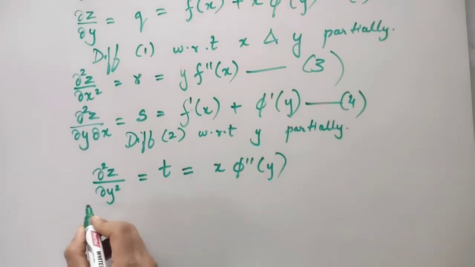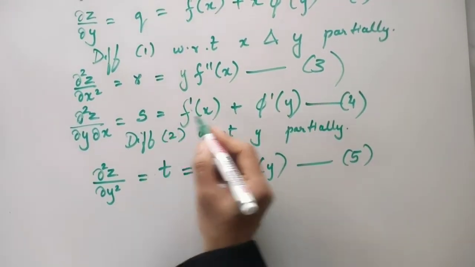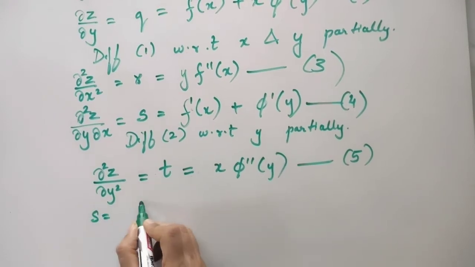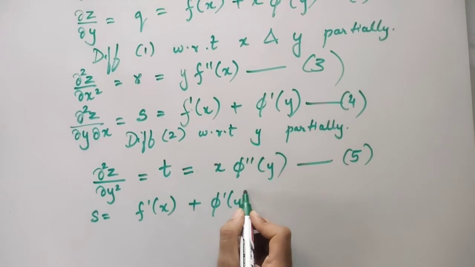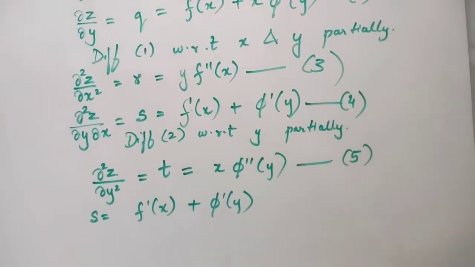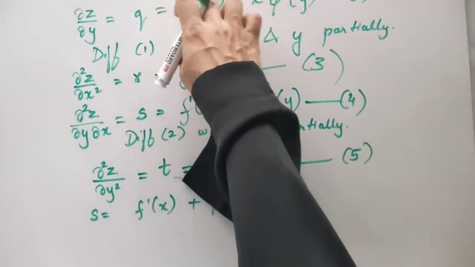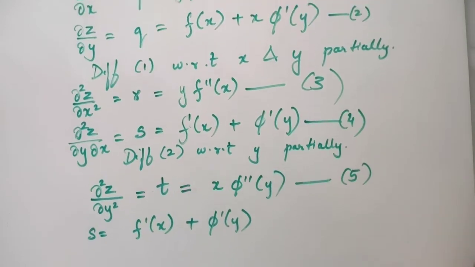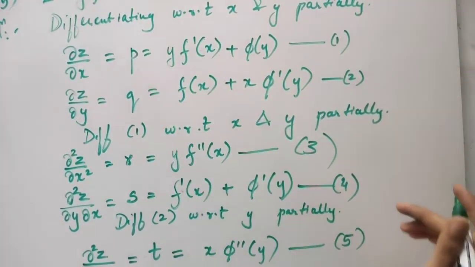I'll call this equation 5 now. Consider equation 4: s = f'(x) + φ'(y). Let's see how we can eliminate those functions. Now see, I can separate f'(x) from equation 1. What is f'(x) from here?